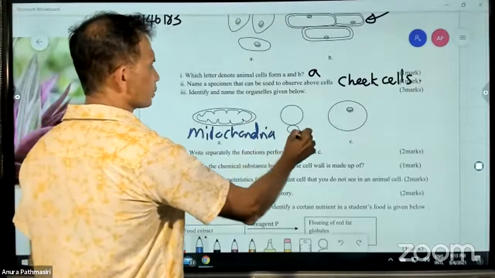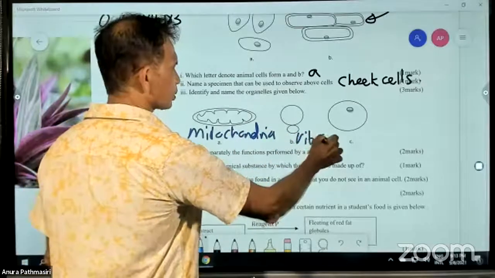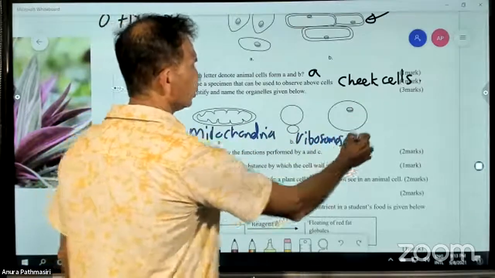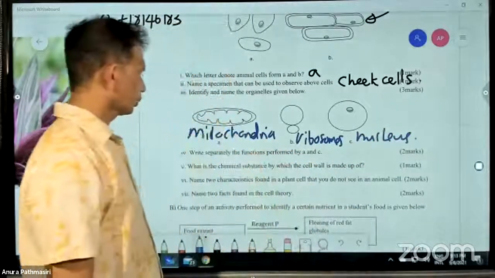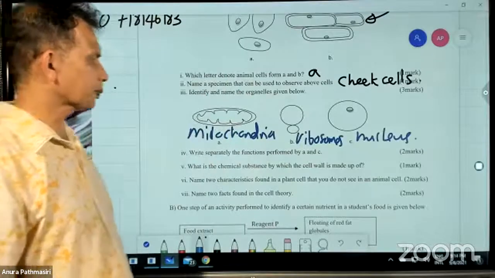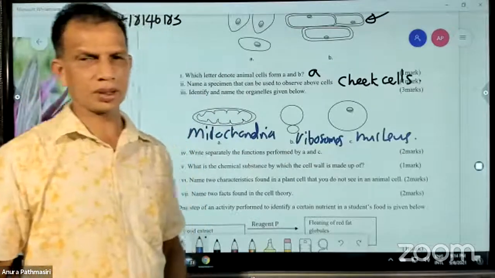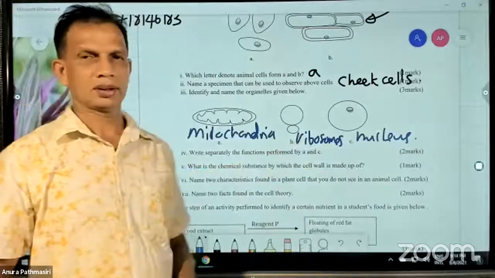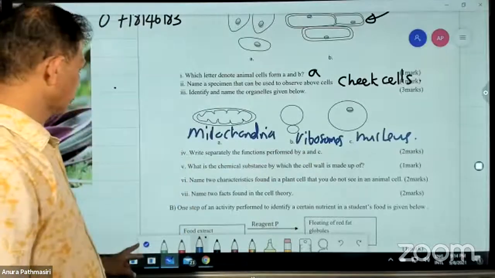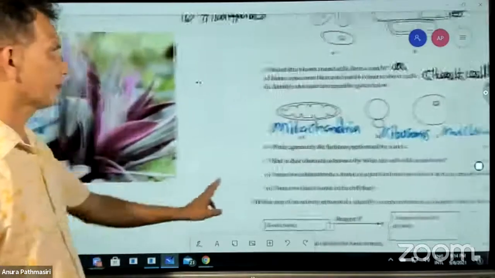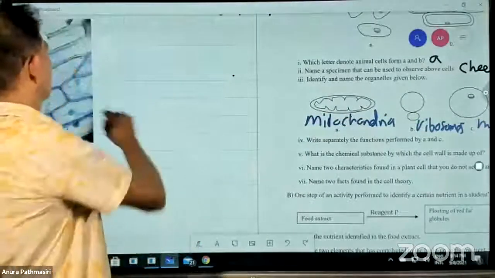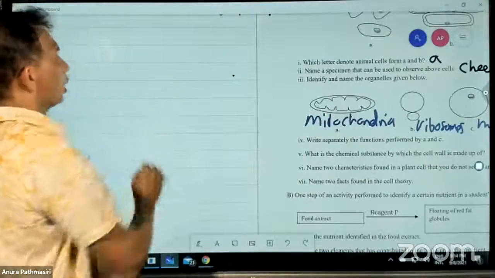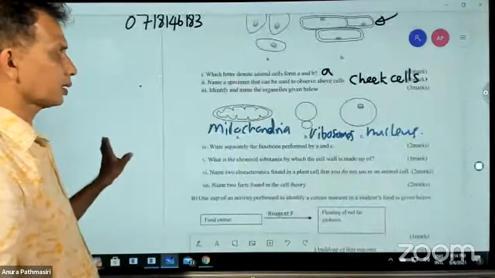Mitochondria, ribosome, and this one, nucleus. Write separately the functions performed by A and C. A is for protein synthesis.